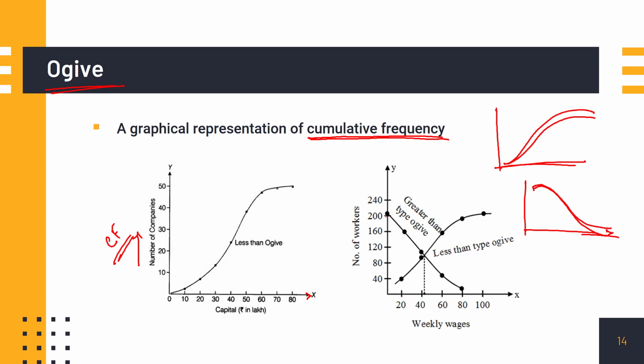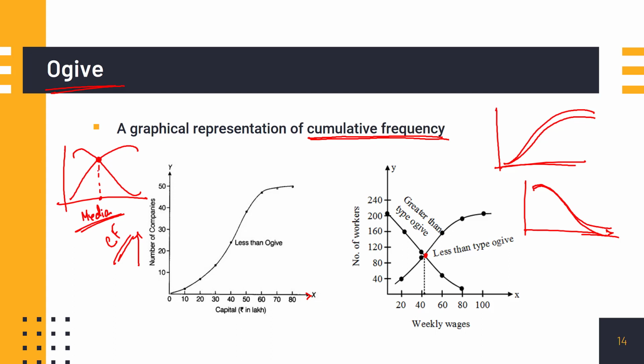Now if you plot both of them in the same graph, less than cumulative frequency and greater than cumulative frequency, there is a point where they intersect. This point is very important because based on this we can calculate something called the median, right?